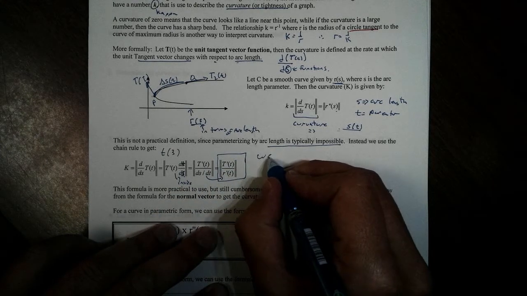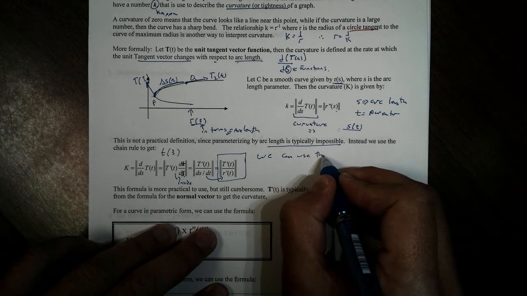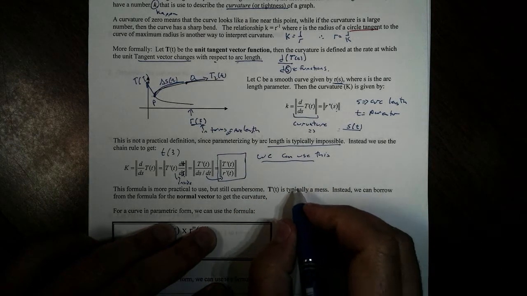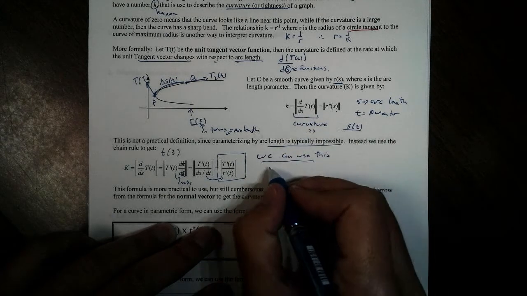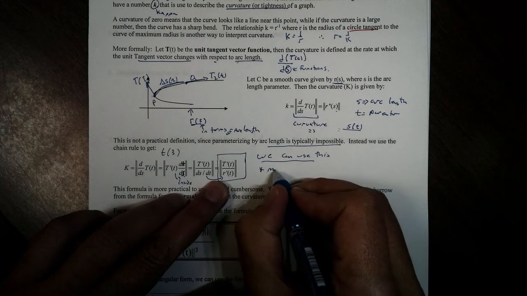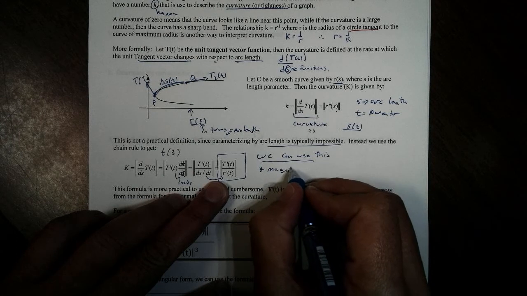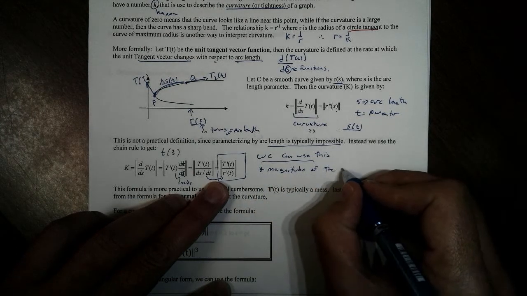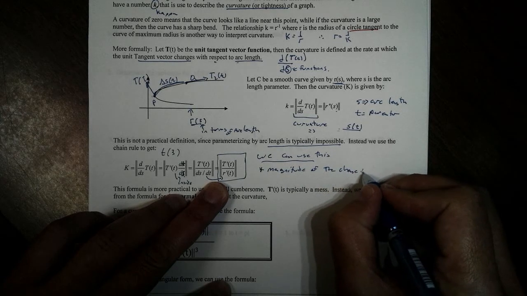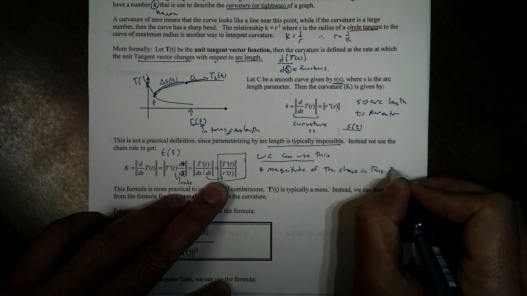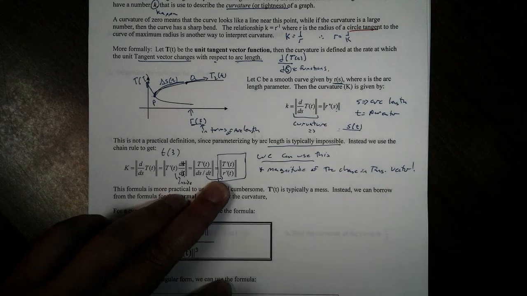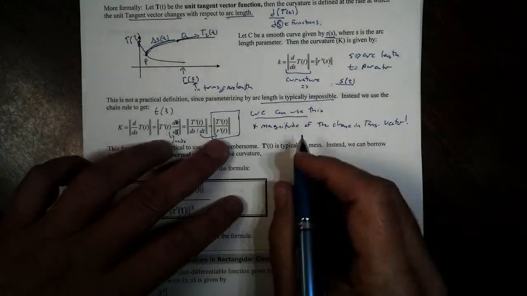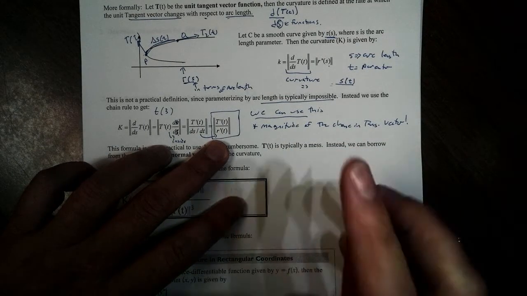So we can use this to find the curvature. What this is really saying is that this is the magnitude of the change in the tangent vector, and that's what we can use to find the curvature. Now again, this does have a problem.